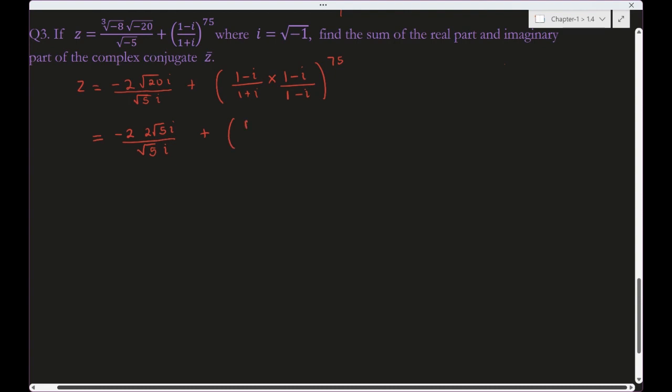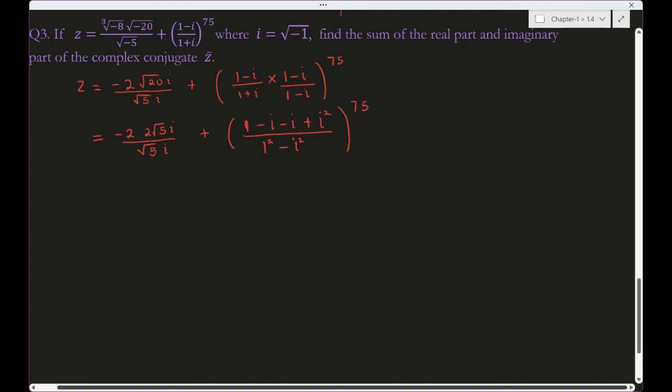1 times 1. This is 1 minus i. Minus i times 1 is another i. Then we have i times i, so this is plus i squared. Then you have 1 plus i multiplied by 1 minus i. This is difference of two squares. This is just 1 squared minus i squared.